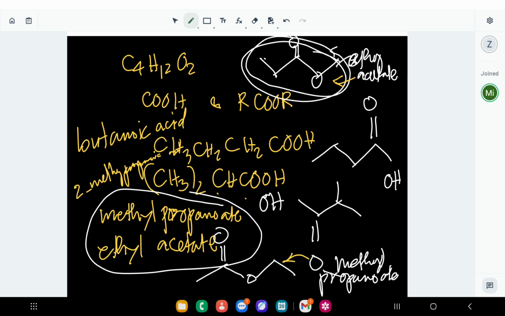C4H9NO2. Okay. 3 of these isomers have similar pKa values, while the 4th isomer has a much higher pKa value. Identify the isomer with the highest pKa.